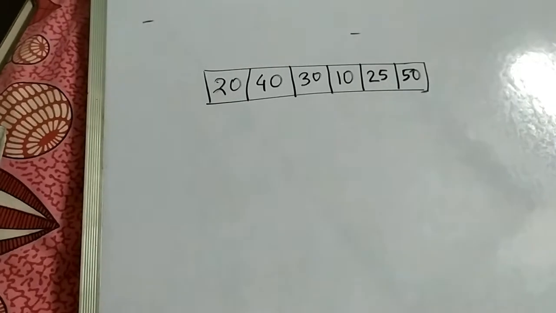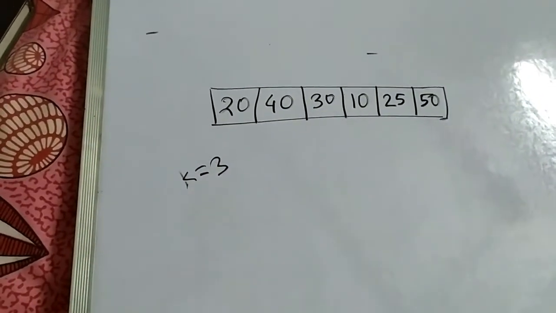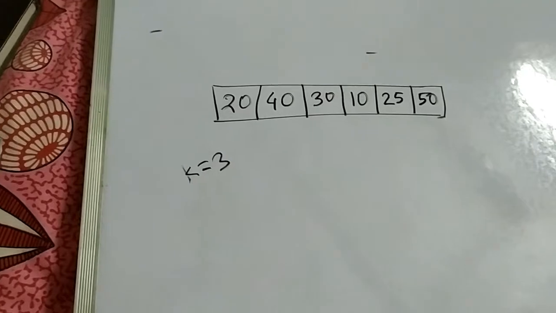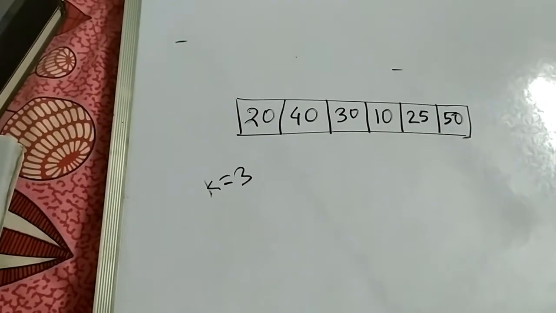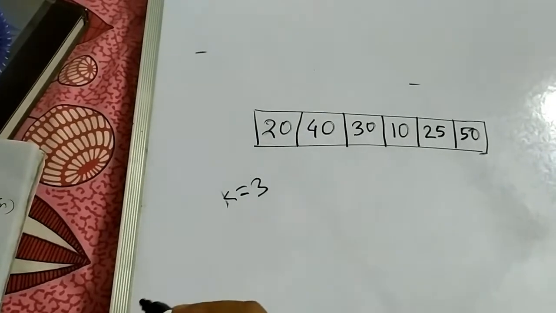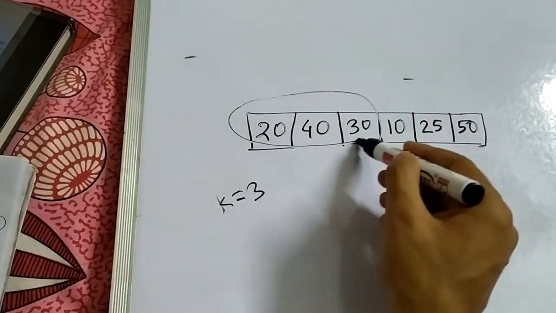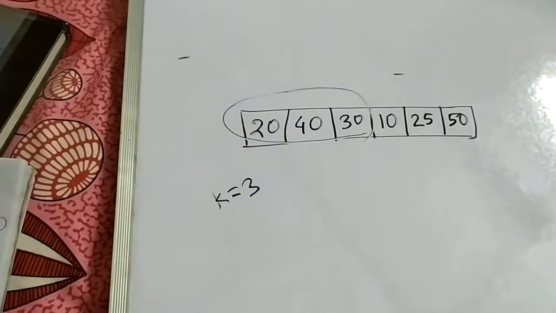So let's say our k is 3. That means I have to find out the third maximum. So first create a heap of size k, that is, size of 3. So I will take the first 3 values and create a min heap.